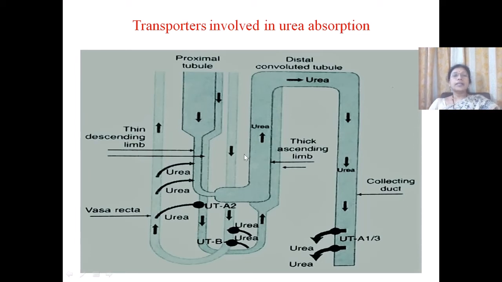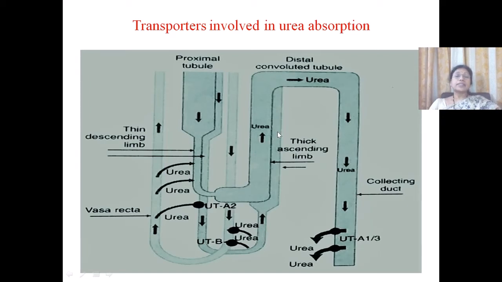In the descending limb of the loop of Henle and the descending limb of the vasa recta, the urea reabsorption is enhanced by UTA2 transporter and UTB transporters.